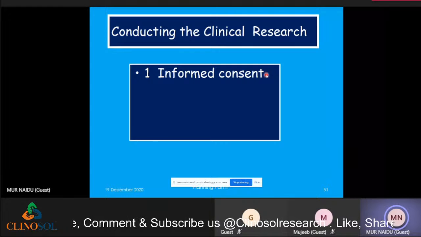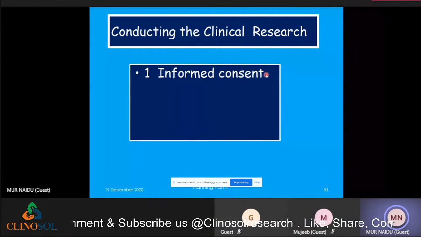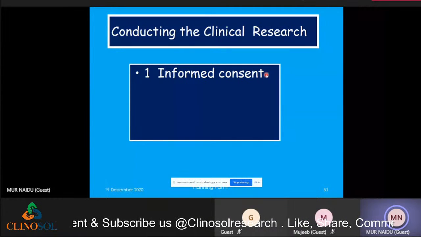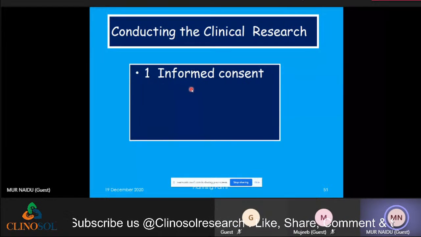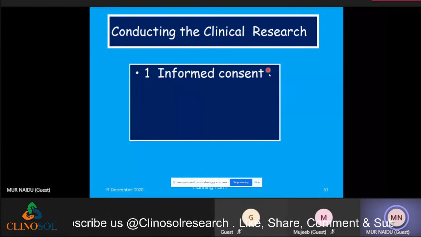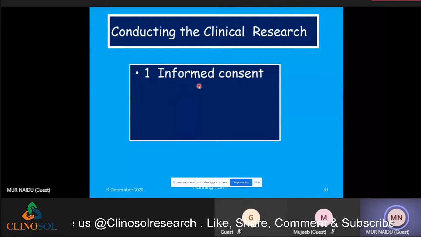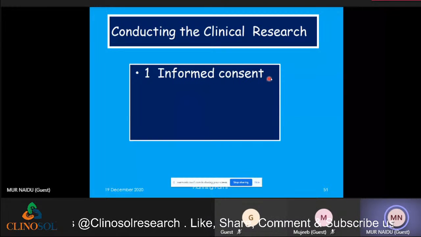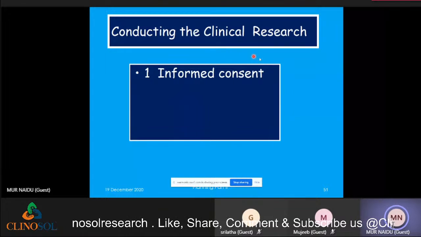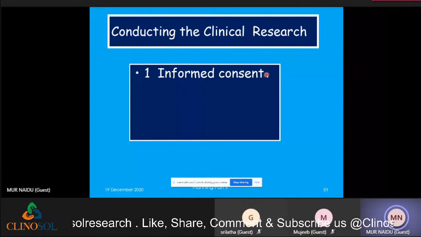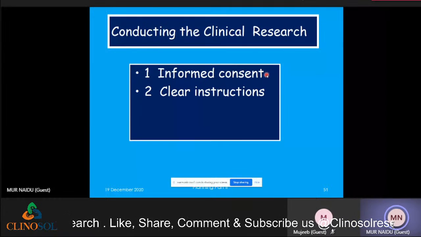Always remember that whenever you are doing any study in human subjects, it may be an observational study, it may be a screening study, always take informed consent, and this informed consent must be approved by the institutional ethics committee, or if necessary, even by the institute and regulatory authority, depending on the regulation of that country, of that institution. So this is the first thing you have to do in any clinical research.